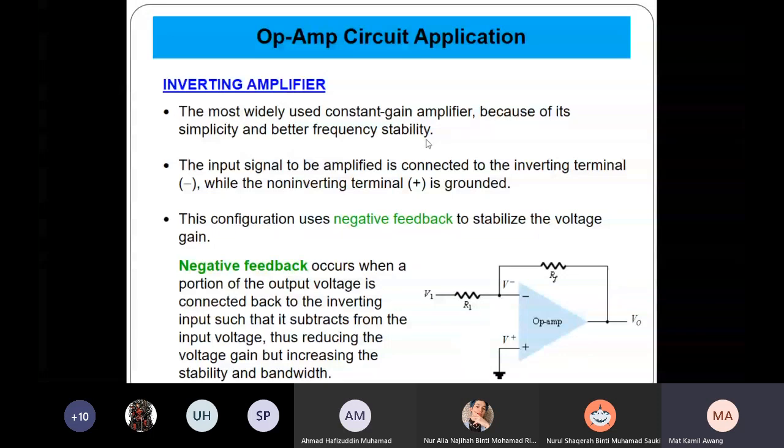This is the most widely used constant gain amplifier because of its simplicity and better frequency stability. It's simple. You only need an amplifier, two resistors, and a power supply to bias the circuit, and the input source to the circuit.